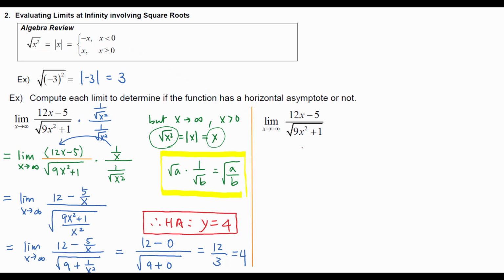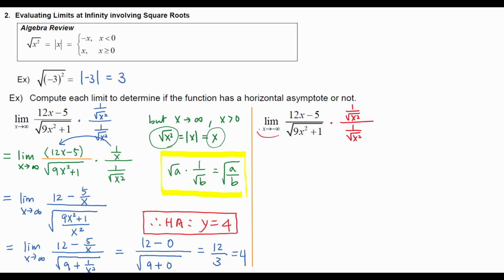So this time, the limit as x approaches negative infinity of the quantity 12x minus 5 over the square root of the quantity 9x squared plus 1. Same thing again, we're going to multiply by a quantity 1, that is 1 over the square root of x squared over 1 over the square root of x squared, since we're going to use the highest power in the denominator, and that is the square root of x squared.